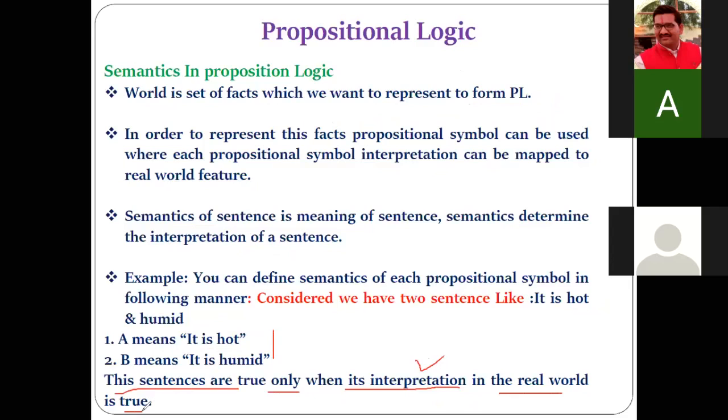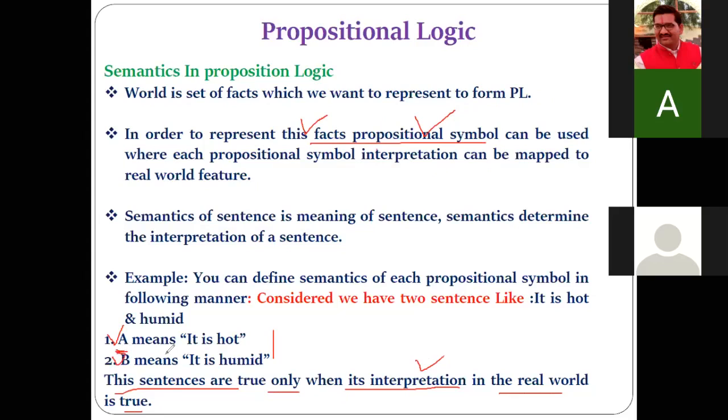Okay, so the point you should keep in mind is that, in order to represent the semantics in the case of propositional logic, we are going to utilize propositional symbols which will represent different facts in the world. Like here I have utilized A and here I utilized B, and each propositional symbol has some kind of semantics.